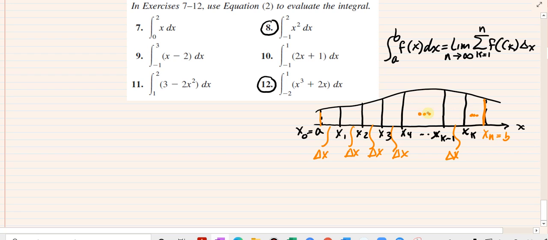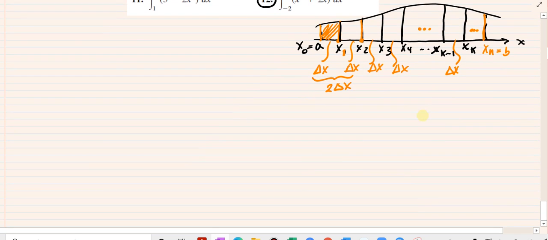Now, for the first rectangle, I have 1 delta x. So when I go to x sub 1, if my evaluation point is the right endpoint, to get to that right endpoint I count 1 delta x. The right endpoint of the second rectangle, I count 2 delta x's. To get to the right endpoint of the third rectangle, we count 3 delta x's. You get the idea. To get to the right endpoint of the fourth, I count 4 delta x's.